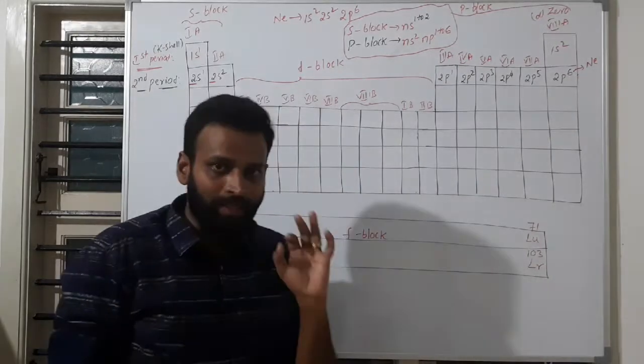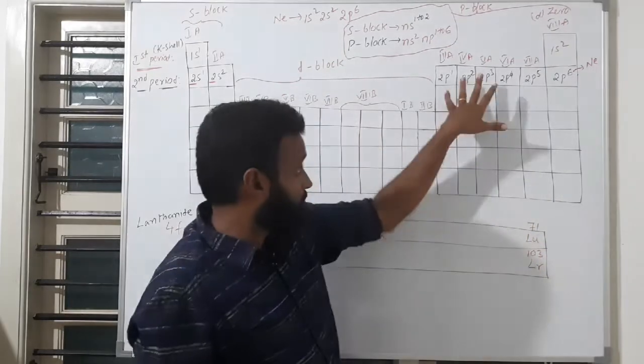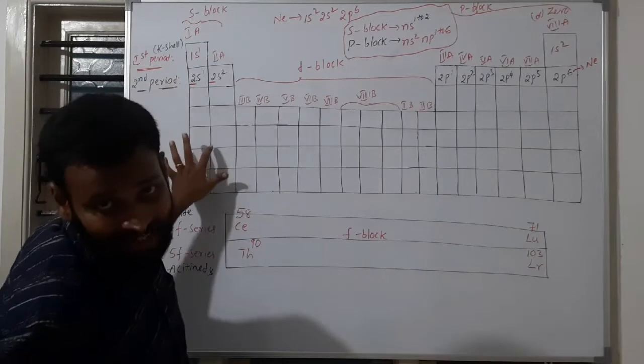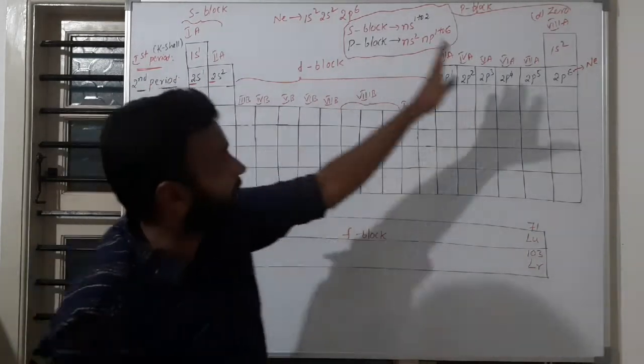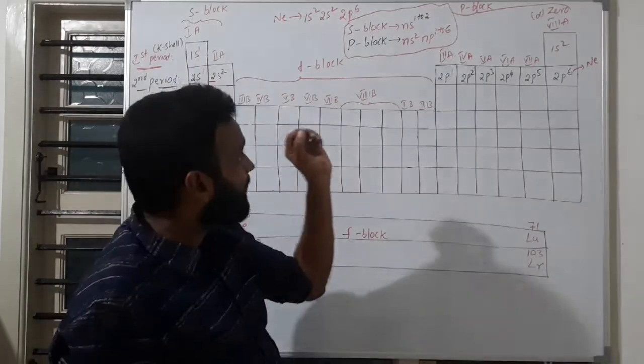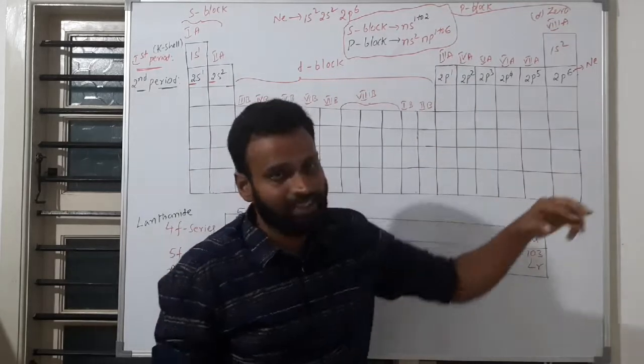Getting what I am saying? In the p block, the p subshells are filling after the s. First s is filled and then p is filled.